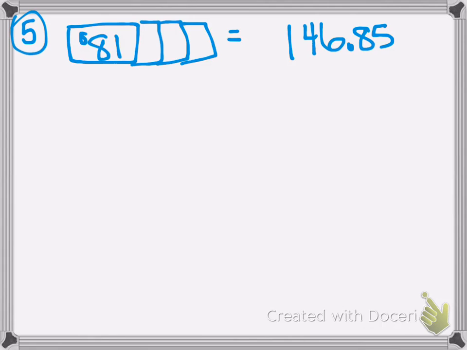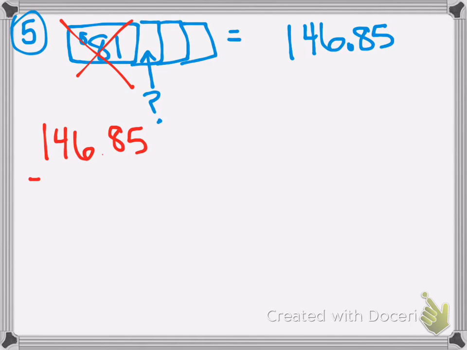Okay, I have to draw this bar to make sense for me. You don't have to do this if it doesn't make sense for you, but this is how it makes sense of the problem. I want to know how much is one sweatshirt. So the first thing I'm going to do is get rid of this $81. I take $146.85 and I subtract $81.